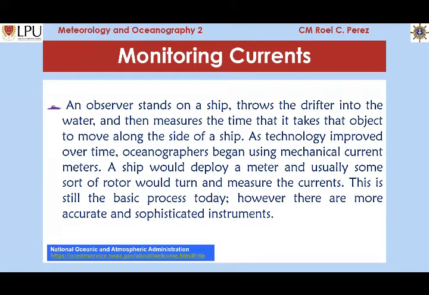Of course, the old method is: an observer stands on a ship, throws a drifter, and then measures the time that the object takes to move along the side of the ship, and then by using the distance and the time, we can calculate the speed.